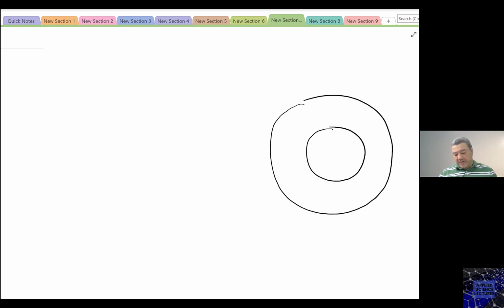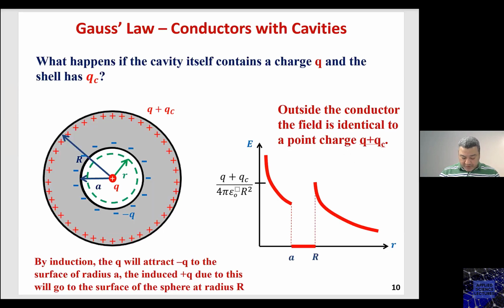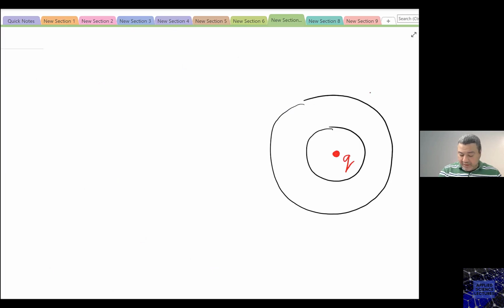We'll draw first the spherical conductor that has the cavity, and then we will put the point charge right at the center of this spherical conductor. This is a Q. Also, make sure that the notations are the same. We're using the same notations.